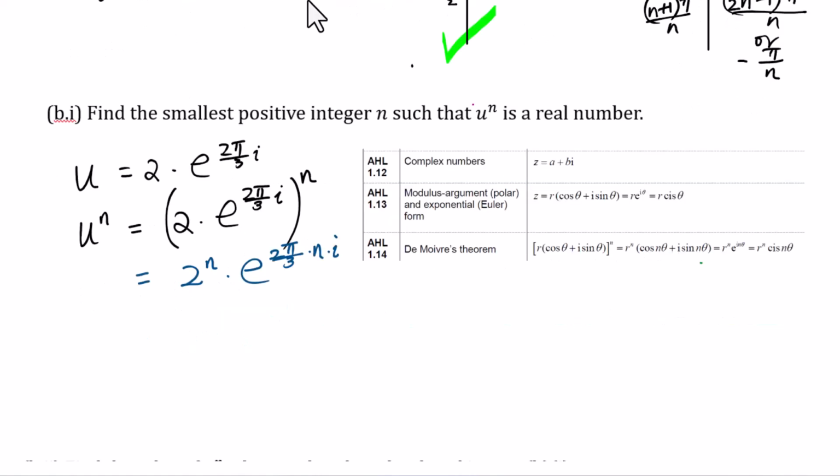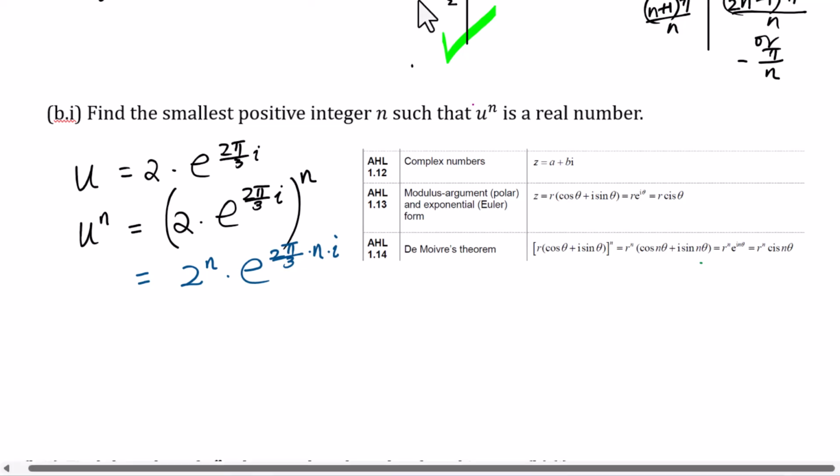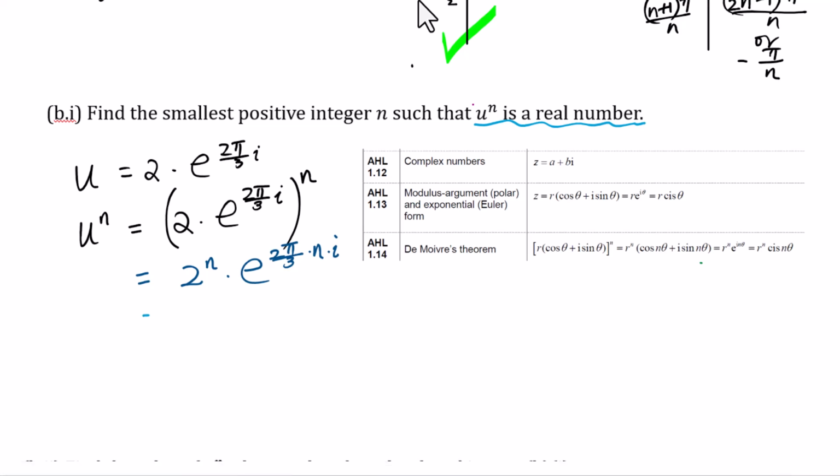When we are dealing with u to the n being a real number, we need to change this into polar form. Equals 2 to the nth power, parenthesis, cosine 2 pi over 3 n plus i sine 2 pi over 3 n.